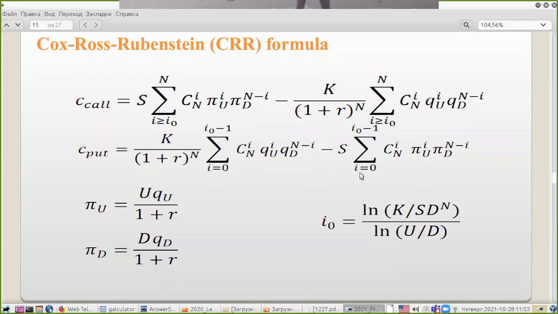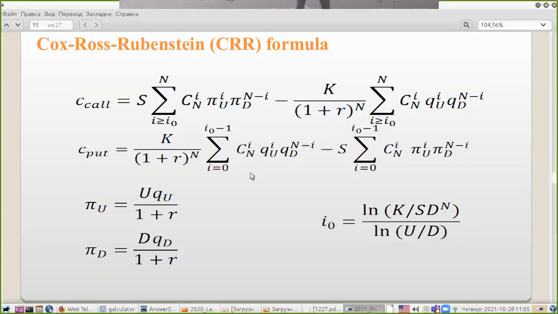So it will be the sum before e minus 1, and after that e from n, and it will be the full sum from 0 to n. In this case there will be minus before the brackets, and in the brackets the sum from 0 to n, and you know this formula.